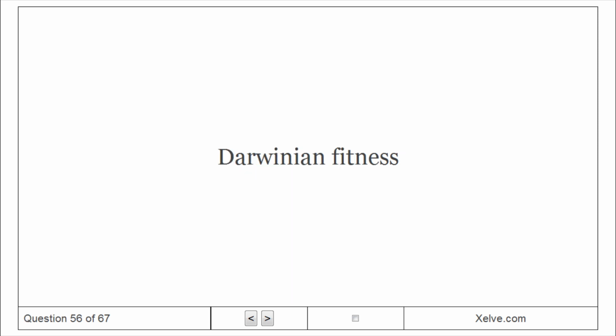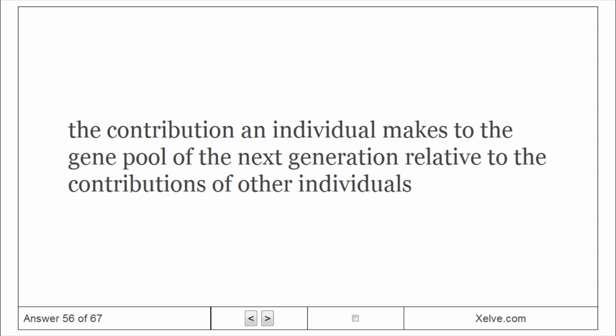Darwinian fitness: the contribution an individual makes to the gene pool of the next generation relative to the contributions of other individuals.